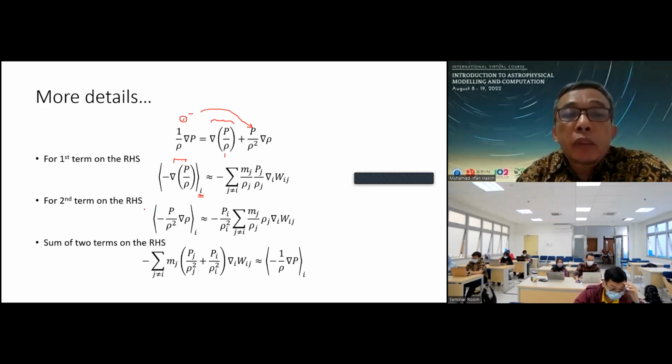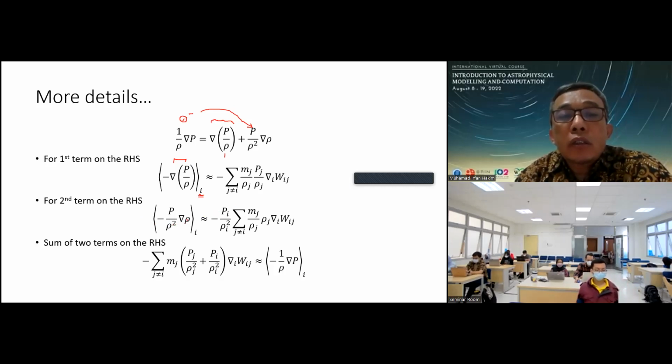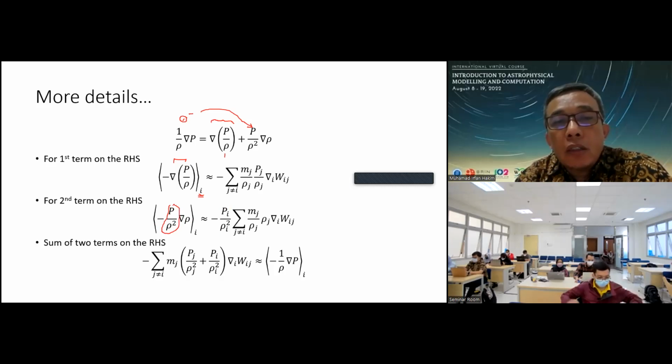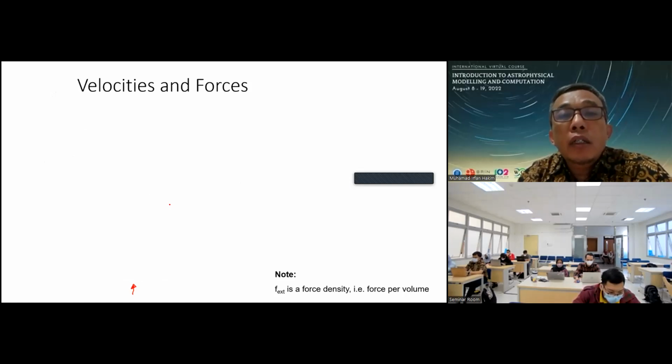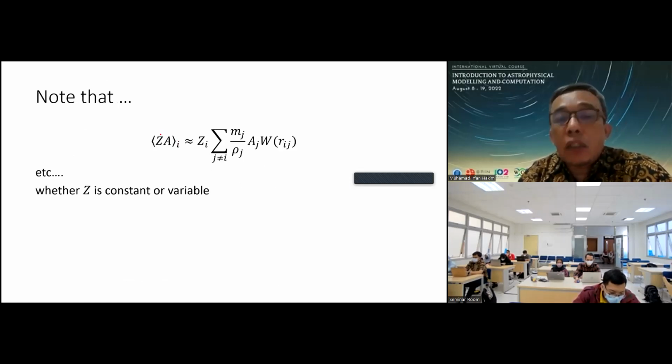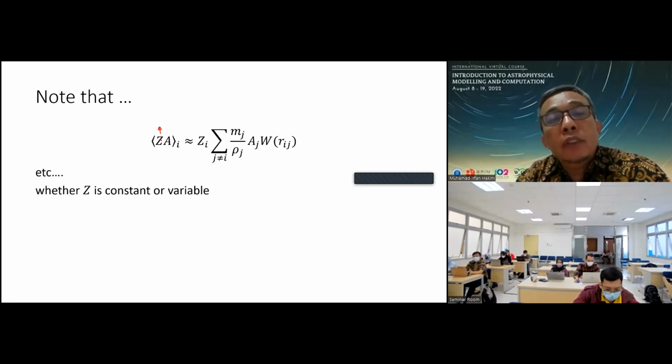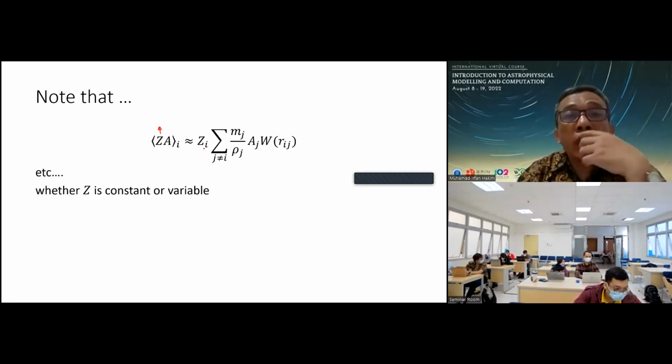For the second term, remember the note on the previous slide, we approximate another variable here by approximating the value of first variable on a particle of interest.